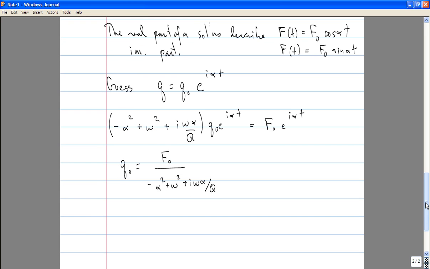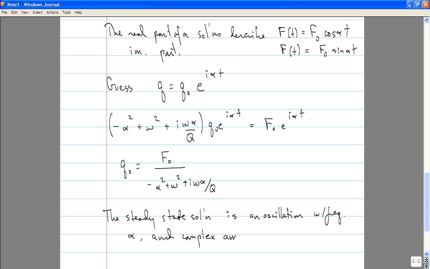So what we conclude is that the solution is an oscillation with frequency alpha and complex amplitude Q naught, given by this expression above.